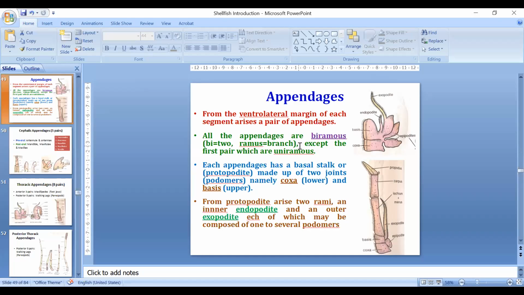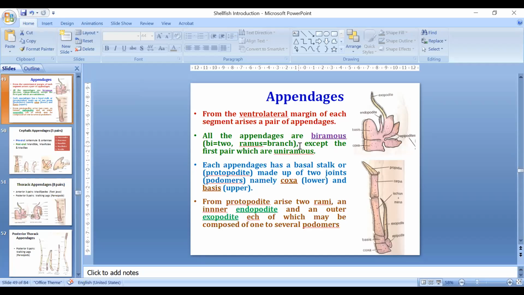The very first pair of appendages of the body, the first cephalic appendages, also known as antennules, is uniramus. Uniramus means it doesn't have a branch, a single appendage. Otherwise, if you remove the antennules, all the 18 remaining appendages of the body segments are biramus.